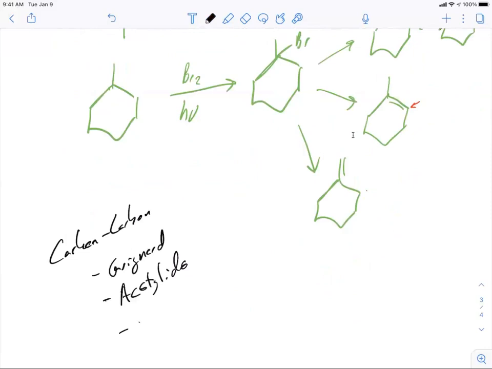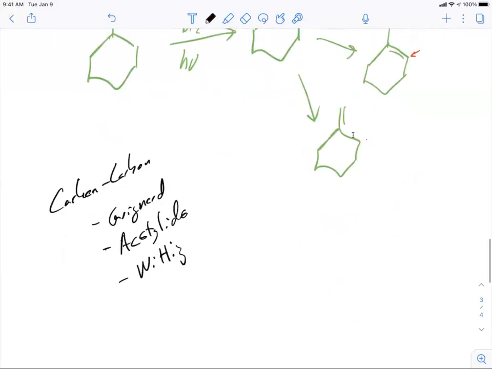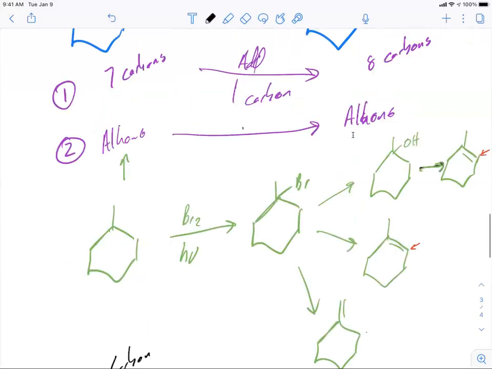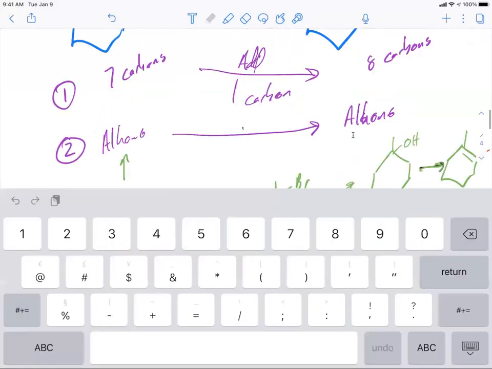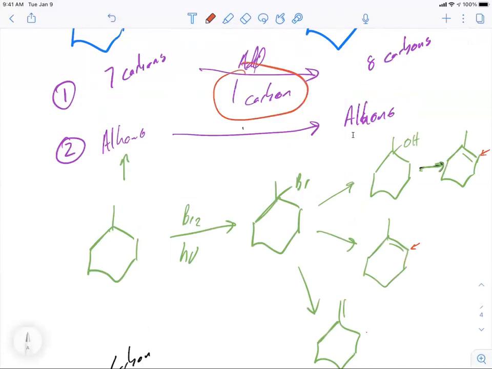Got a Wittig reaction. Maybe cyano reactions. Okay. If we think about these, how many carbons am I adding? I'm only adding 1 carbon, and that turns out to be important, right? So I'm only adding 1 carbon.